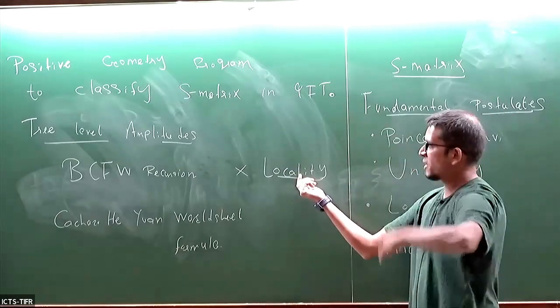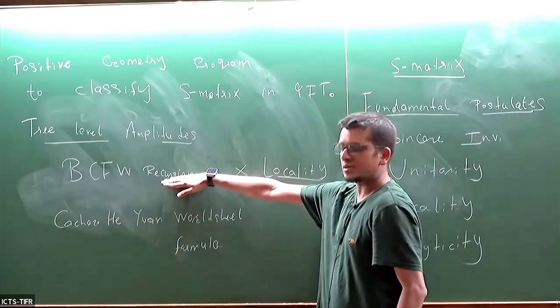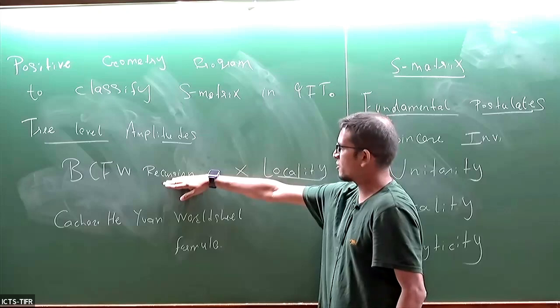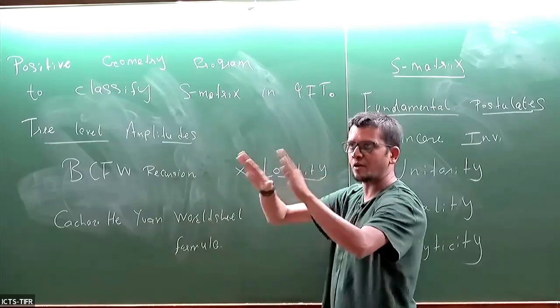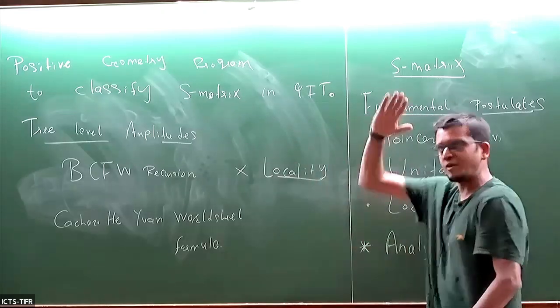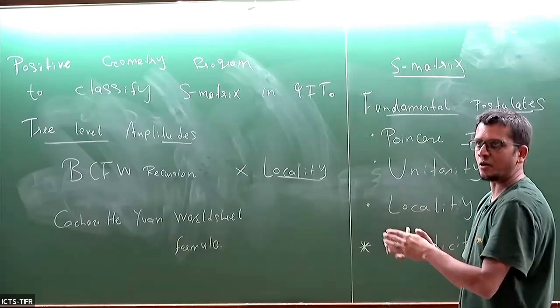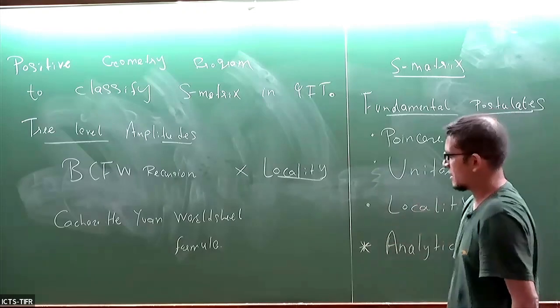If you stop at some intermediate step, it will look like this is not an amplitude of a local quantum field theory. But of course, when you complete the calculation and stare at it, you will see that even though it may not look local, in the end it is a local amplitude.